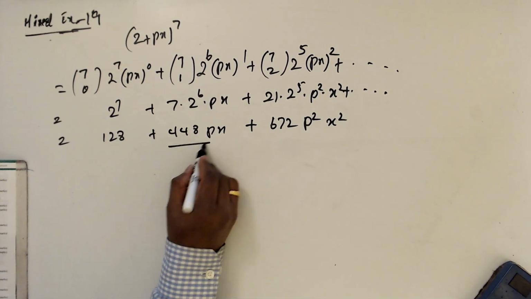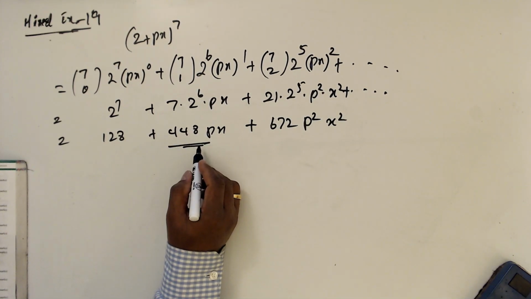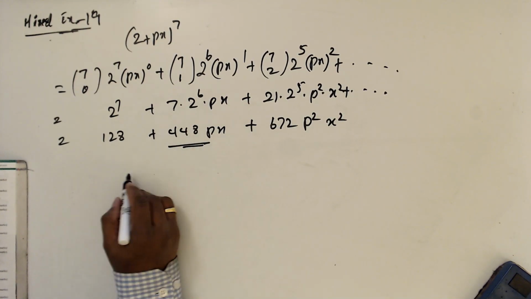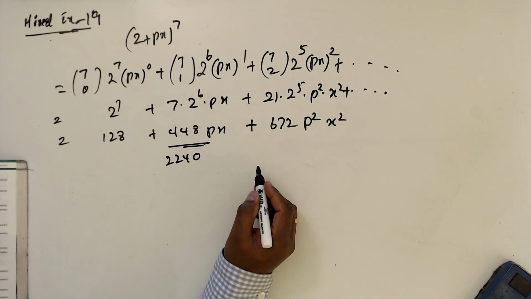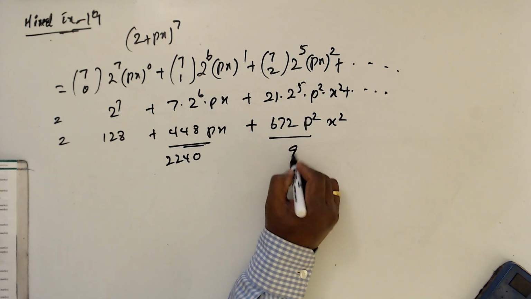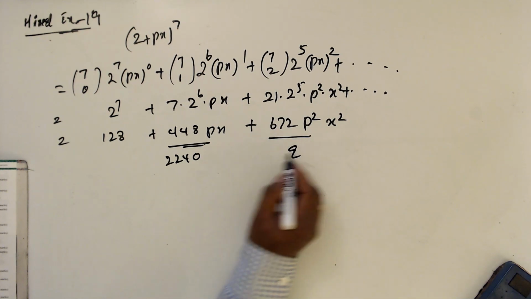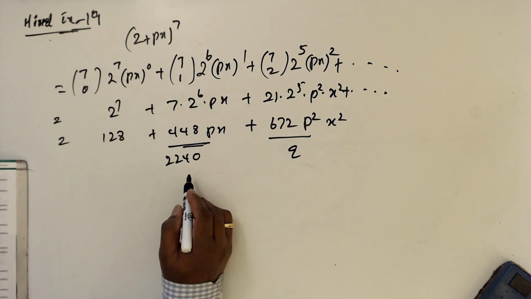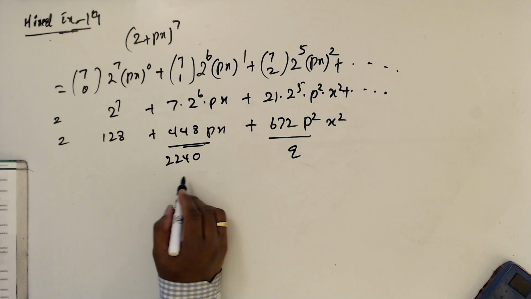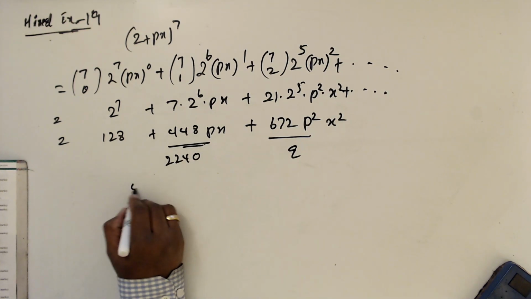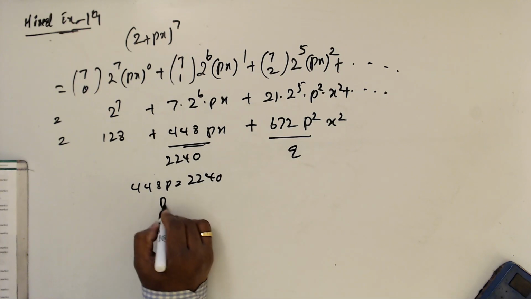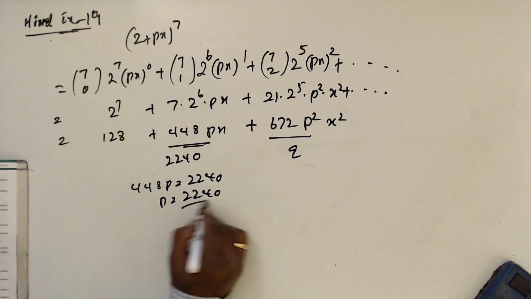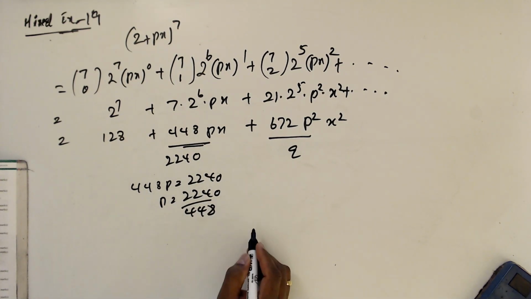Now this value is given as 240, so 240, and this value is given q. So then 448p equals 240, p equals 240 by 448.